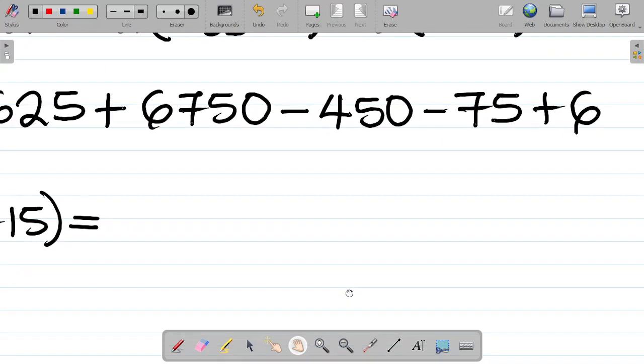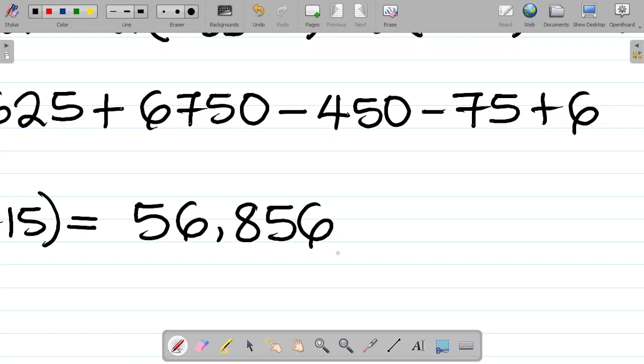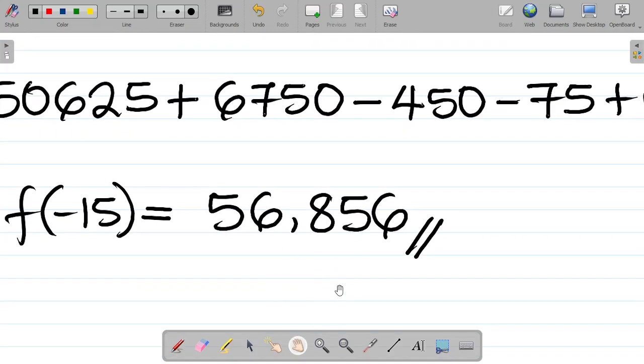All right, if you type this correctly, I think your answer should be 56,856. That should be your answer. So this is your answer, right? So this is how you solve this question. So this becomes the answer to the question.